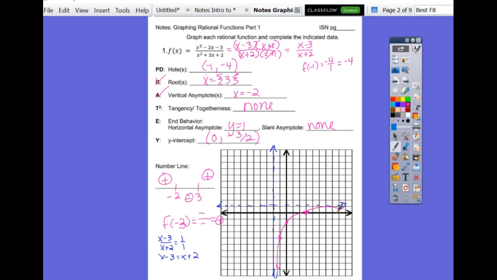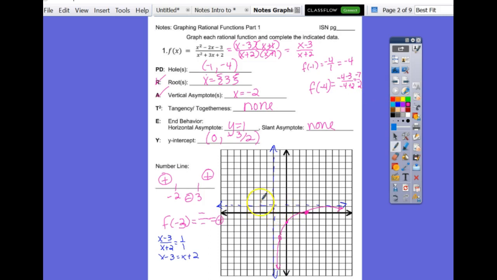So do I have a number over here in this area? No, I don't have a number, so I have to pick a number. If I plug in -4, what do I get for an answer? If I put in -4, I get -4 minus 3 over -4 plus 2, which is going to give me -7 over -2, so +7 over 2.